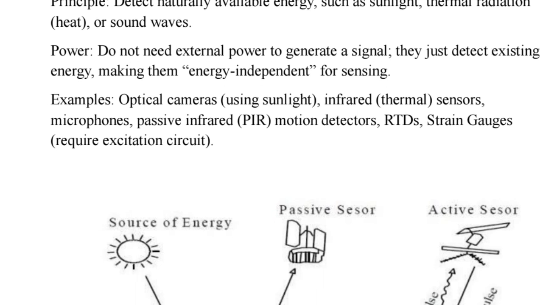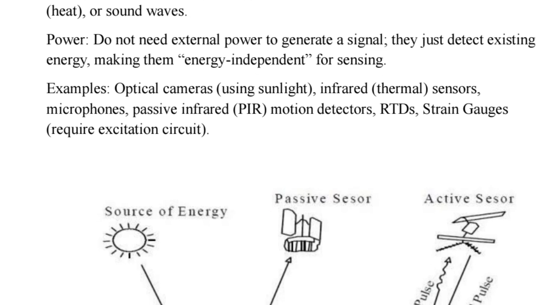Here we can take the optical camera. The general camera uses external power to illuminate the light, but optical cameras use sunlight. Other passive sensors are infrared sensors, microphones, and passive infrared motion detectors.